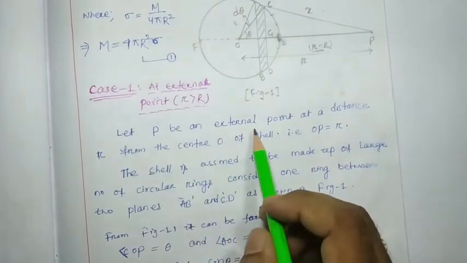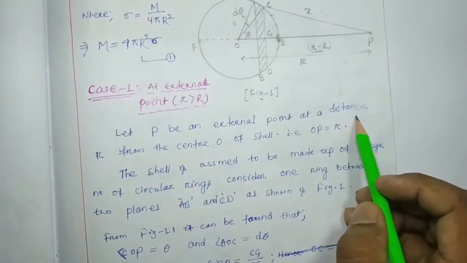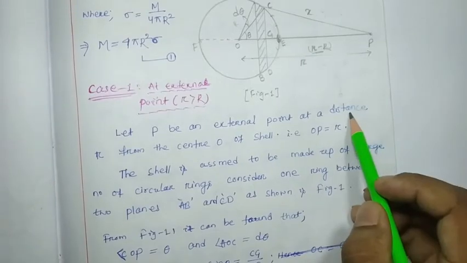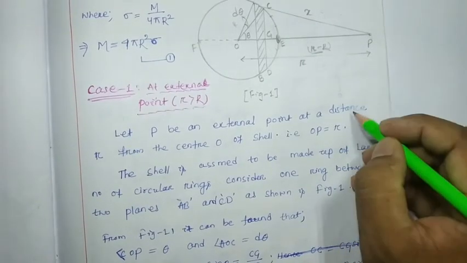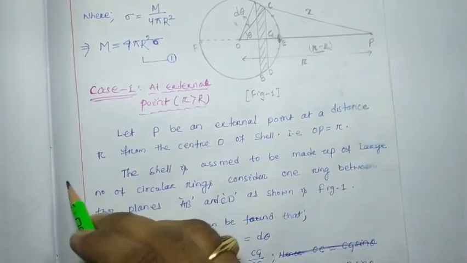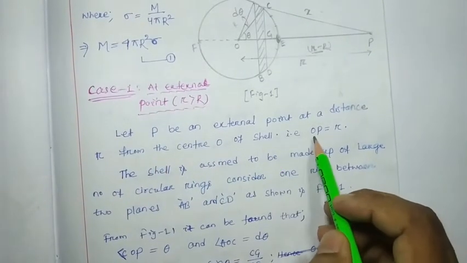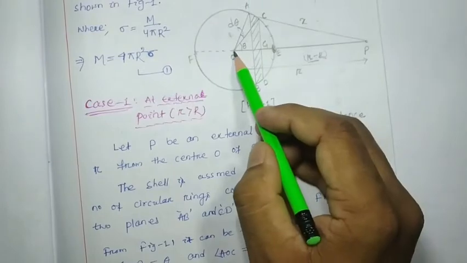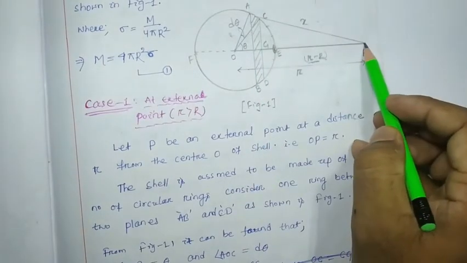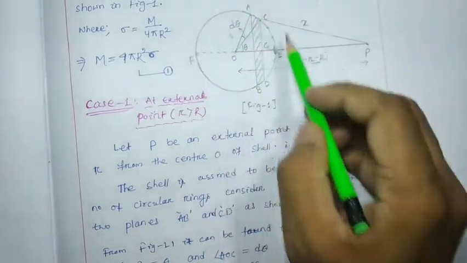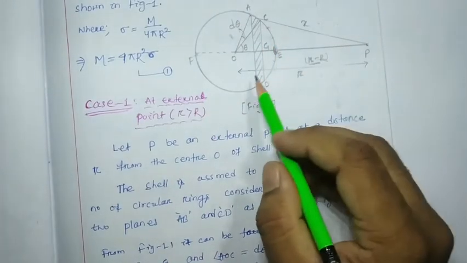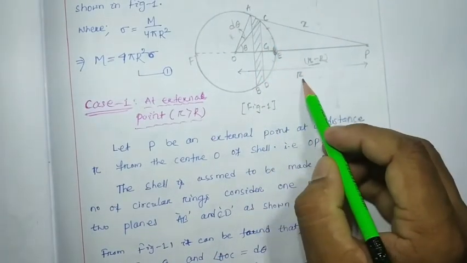Let P be an external point at a distance r from the center O of the shell, that is OP equal to r. This point is the external point, at distance small r from the center.